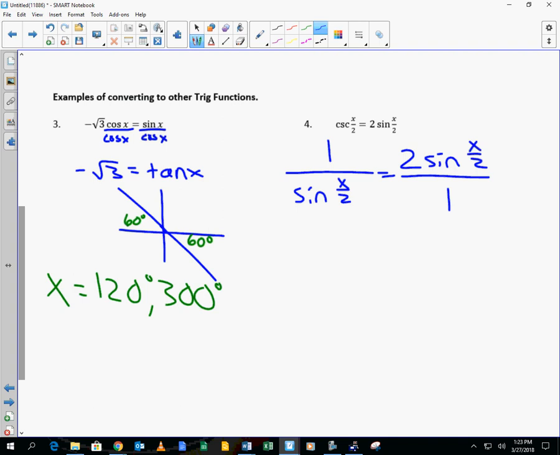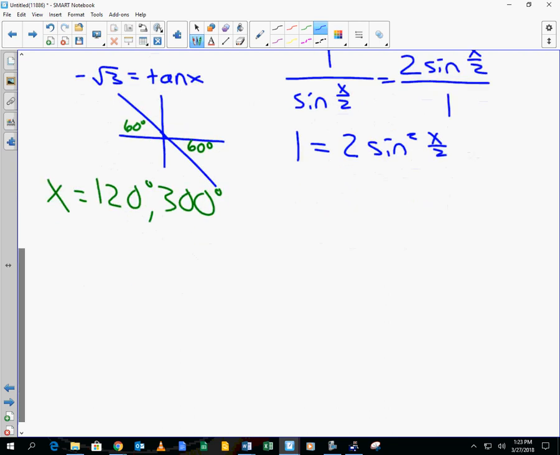Okay. So now what? Cross multiply. 1 is equal to 2 sine squared of x over 2. Divide by 2, 1/2 is equal to sine squared of x over 2. So it's being squared.